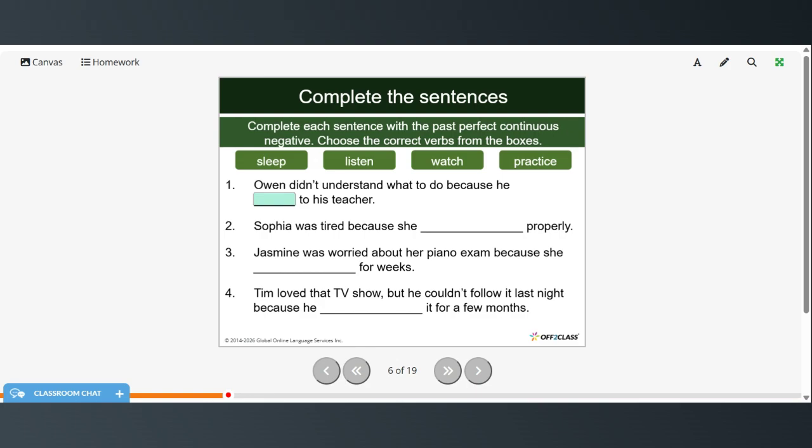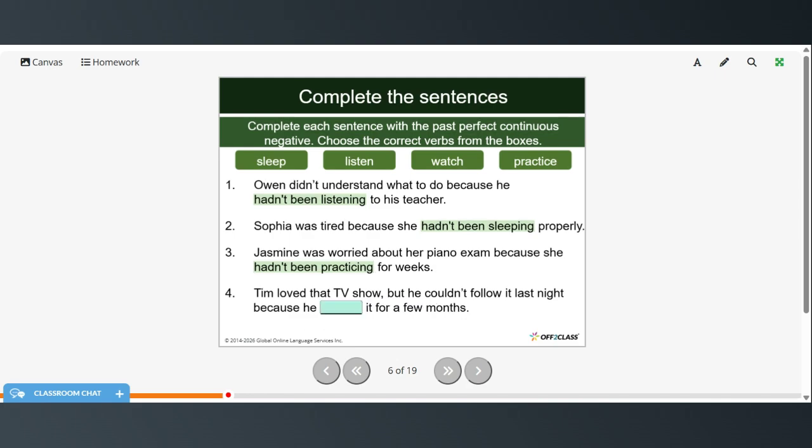Owen didn't understand what to do because he hadn't been listening to his teacher. Sophia was tired because she hadn't been sleeping properly. Jasmine was worried about her piano exam because she hadn't been practicing for weeks.